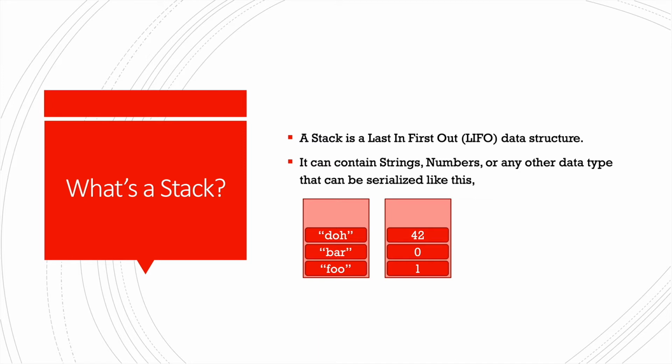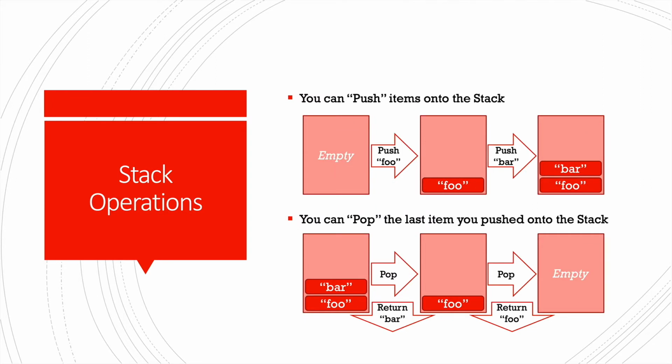It can contain any serializable data type, and here we see two different stacks, one which contains the strings foo, bar, and do, and the other which contains the numbers 1, 0, and 42. So you can push items onto a stack. Here we see that we push foo, and then foo ends up being at the top of our stack, and then we push bar, and bar ends up being at the top of our stack.